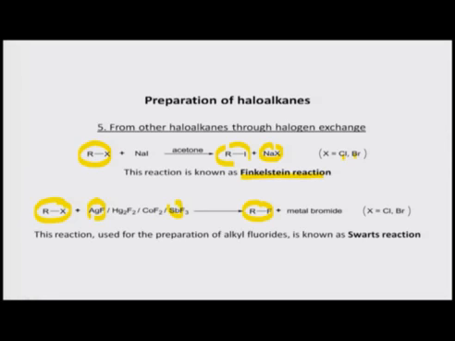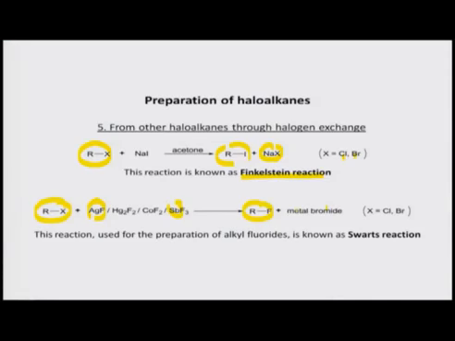In the case of these metals, the corresponding bromides and chlorides are more stable. So once we treat them with an alkyl chloride or an alkyl bromide, the reaction proceeds by the formation of the corresponding metal bromide or metal chloride. I have written metal bromide here, assuming that what I take is a bromide, plus the corresponding fluoroalkane. So this again is an exchange reaction.